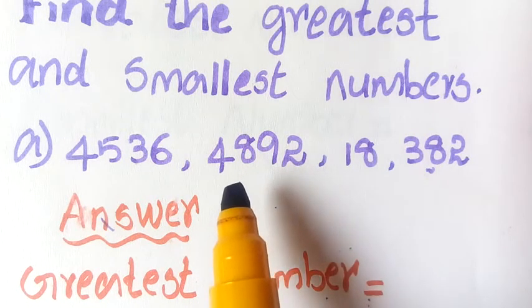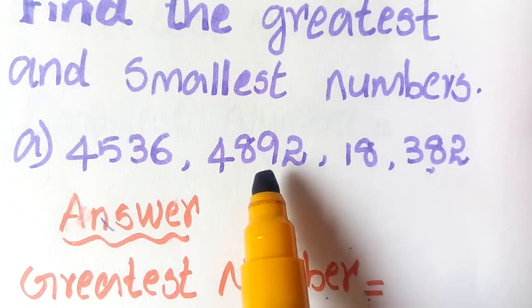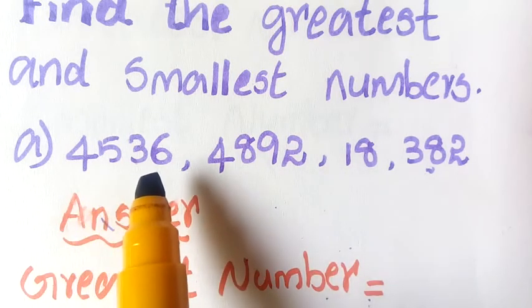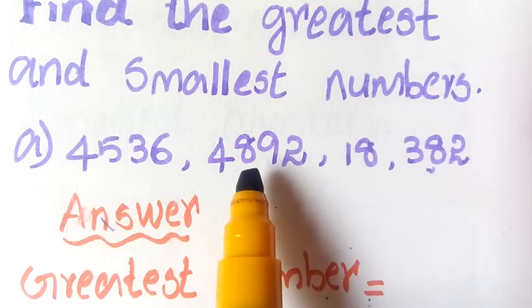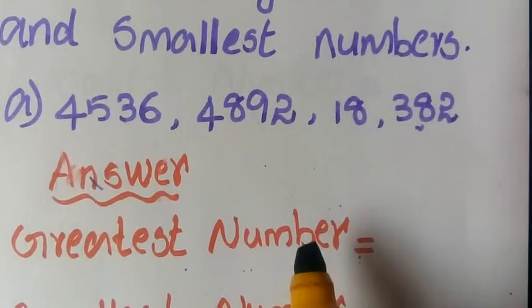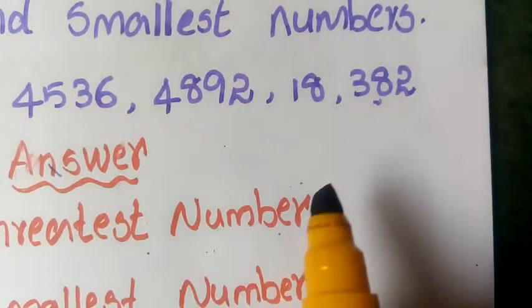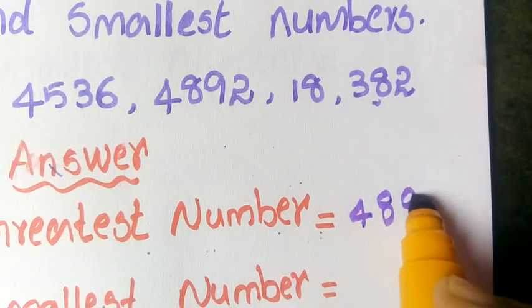So, the digit at the hundreds place is greater in 4892 than in 4536. Therefore, 4892 is greater than 4536. So, which is the greatest number? 4892.